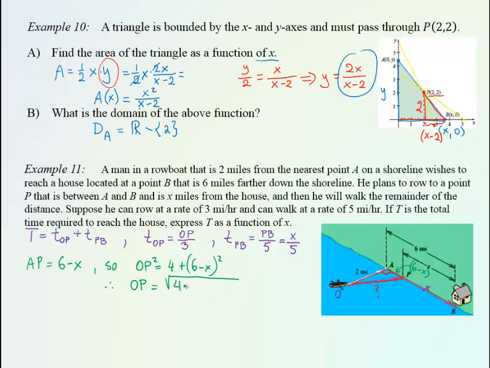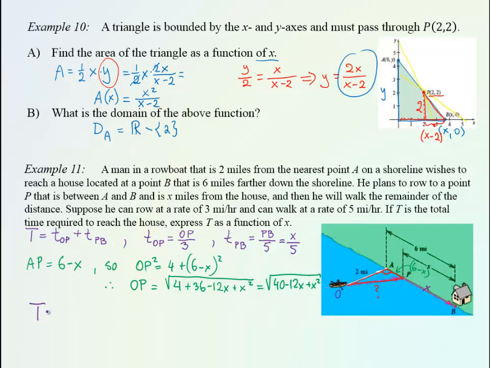So it's square root of 4 plus, and we can actually unfold this bracket by applying perfect square formula. So we have 36 minus double the product, which is 12x, plus x squared, which could be written as square root of 40 minus 12x plus x squared. Okay, now we are ready to finish the question.